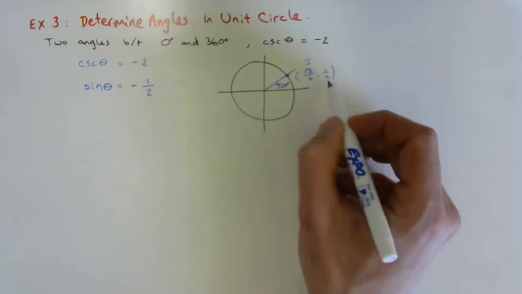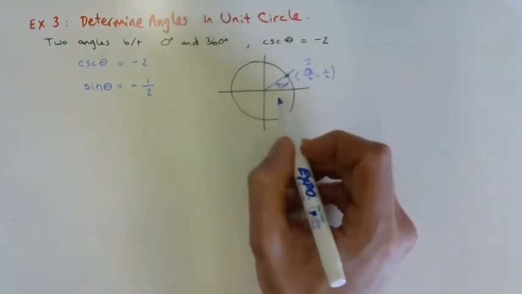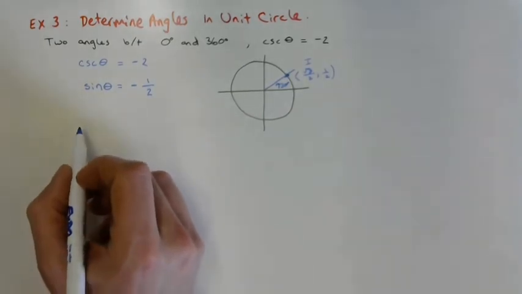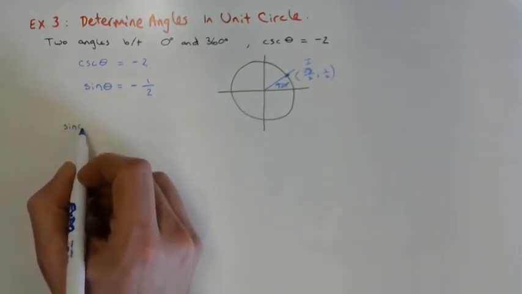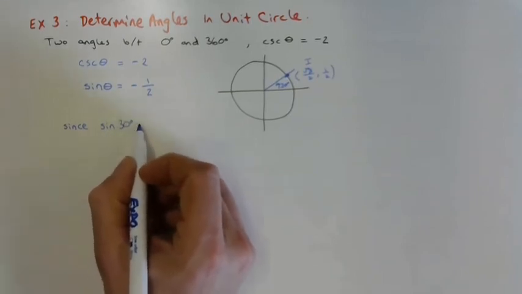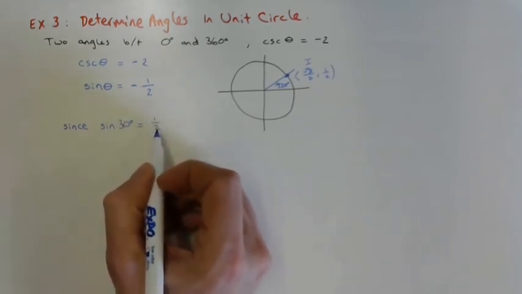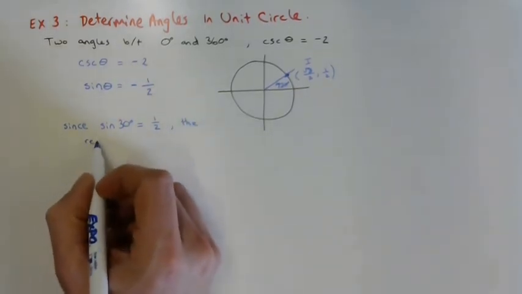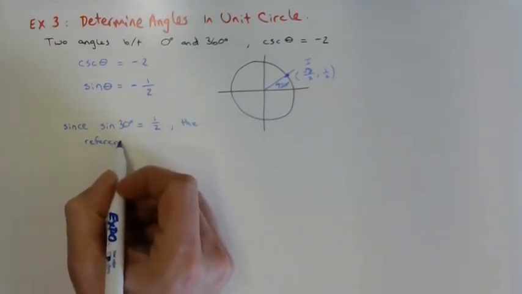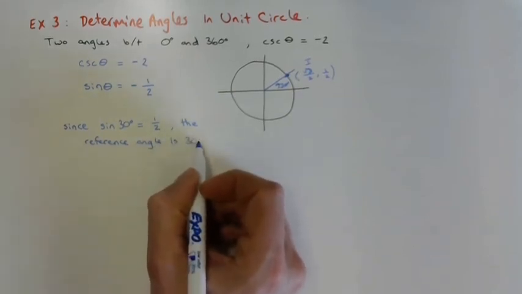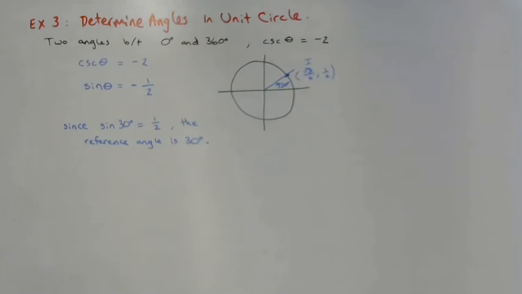The sine value is 1/2 because the y coordinate at this point is 1/2. So since sine of 30 degrees equals 1/2, the reference angle is 30 degrees. Now, what does reference angle mean?